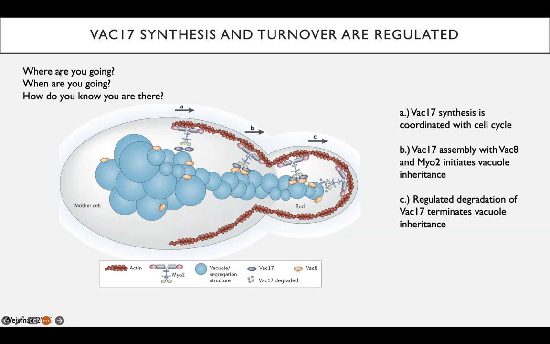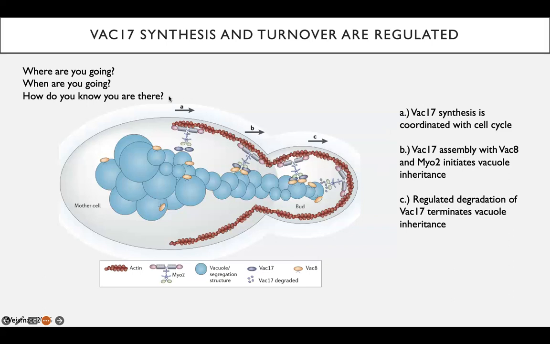And so the where-you're-going part is a bit more on the motor, but for when are you going, they noticed that Vac17 synthesis is coordinated with the cell cycle. In one slide, I'll show you what that data looks like. Importantly, Vac17 assembly with Vac8 and Myo2 initiates this process of vacuole inheritance.